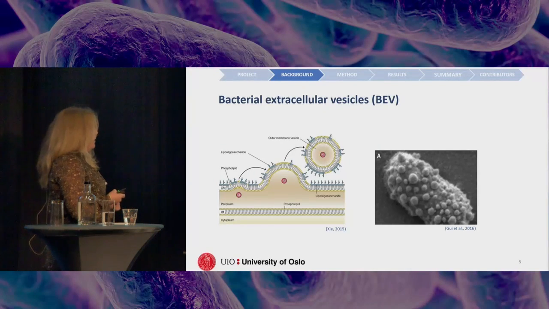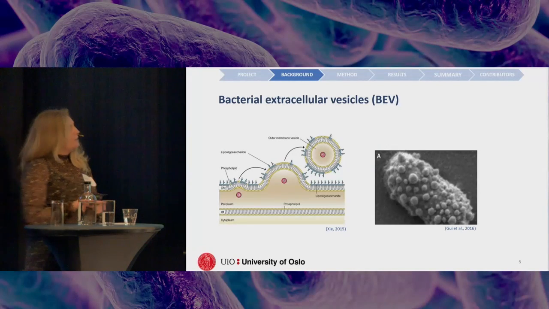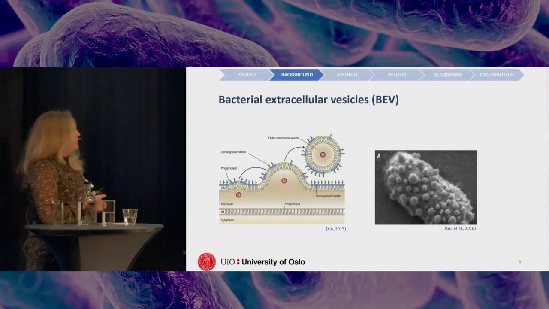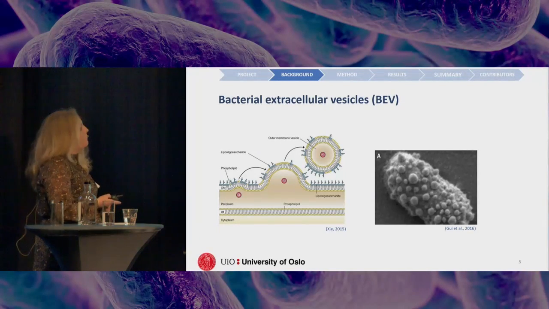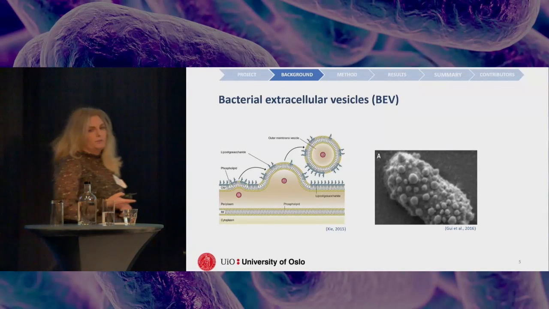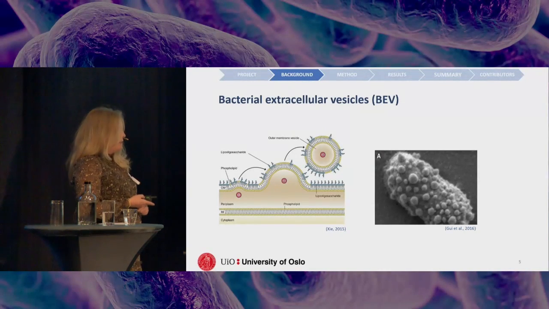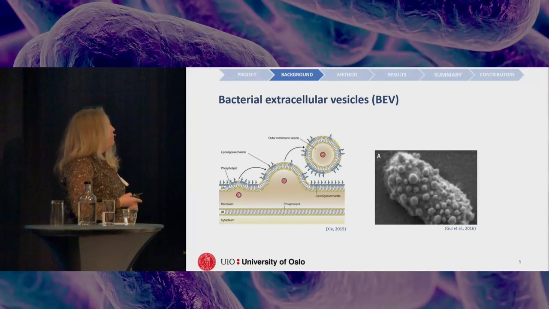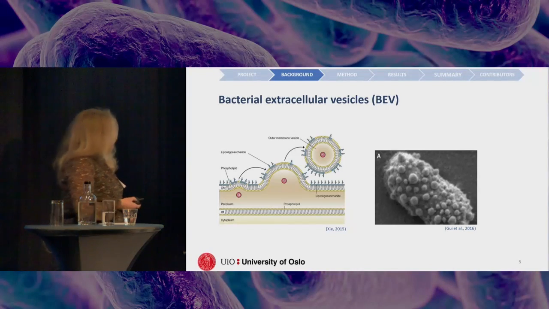The way the bulging forms an extracellular vesicle makes the content and composition of the vesicles quite similar to the parent bacteria. And here at the right, you can see a nice scanning electron microscope picture of a bacteria, and you can see the extracellular vesicles budding on the outside of the bacteria.